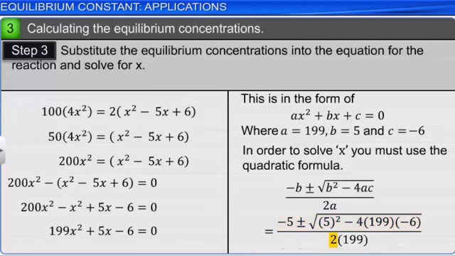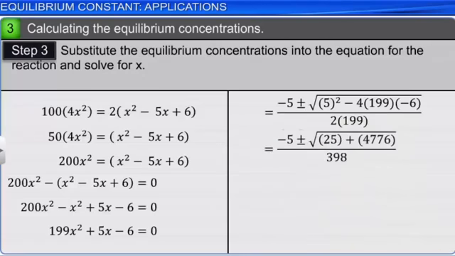This can be written as minus 5 plus or minus square root of 25 plus 4,776, divided by 398. This can be further written as minus 5 plus or minus square root of 4,801, divided by 398.